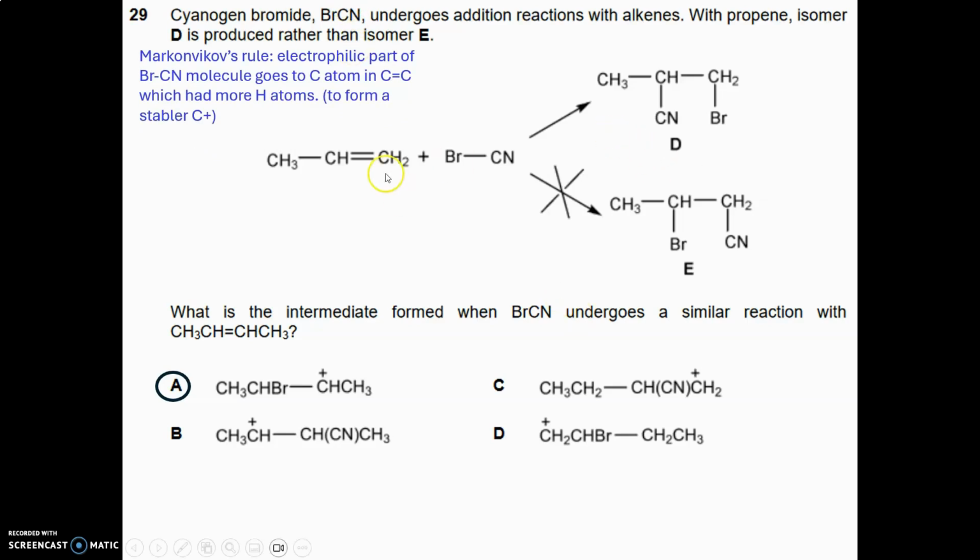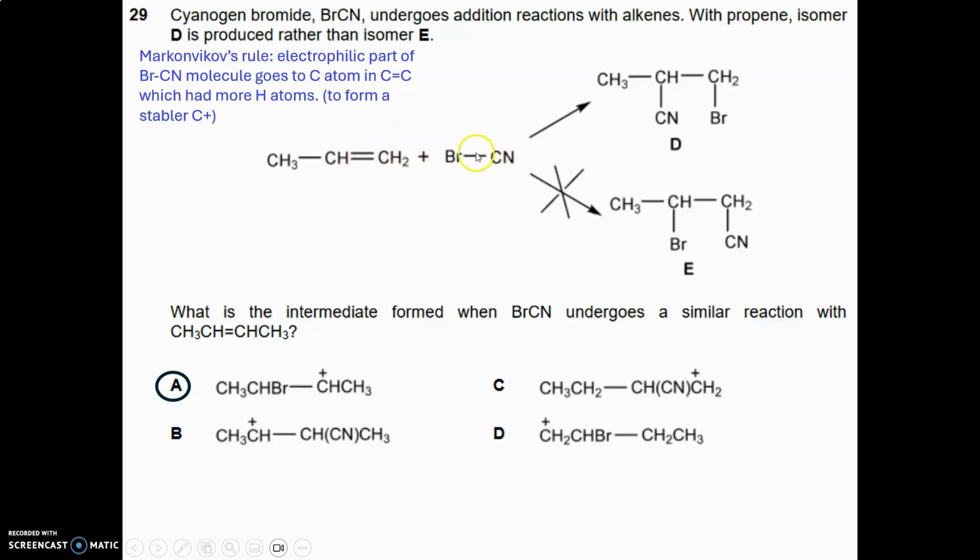In this case, we need to modify Markovnikov's rule a bit, where the electrophilic part of the cyanogen bromide molecule will go to the carbon atom in a double bond which had more hydrogen atoms to begin with. So in propene, we are referring to carbon 1, which had 2 hydrogen atoms to begin with.